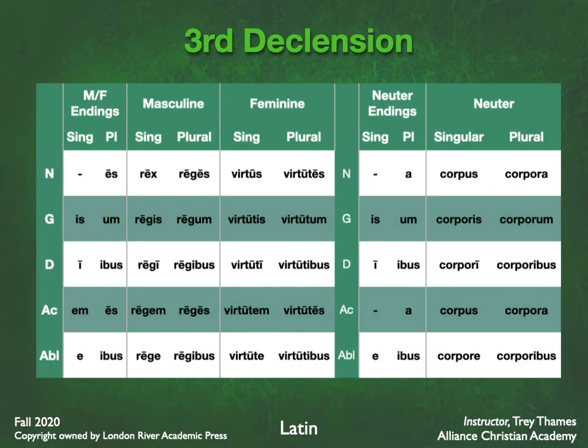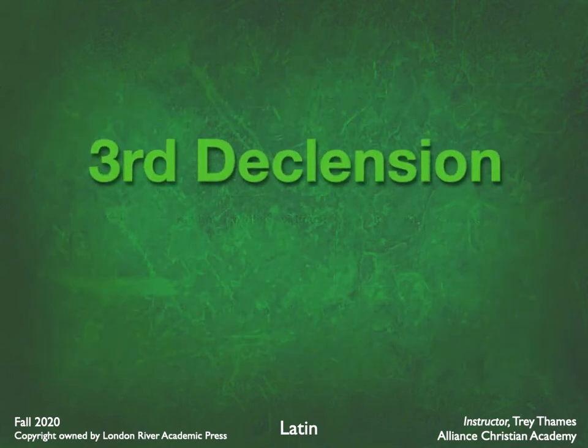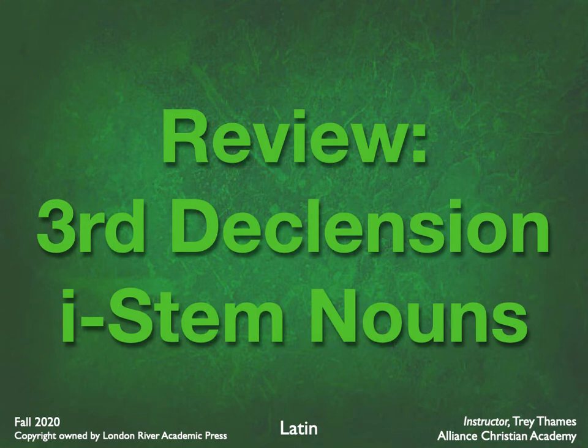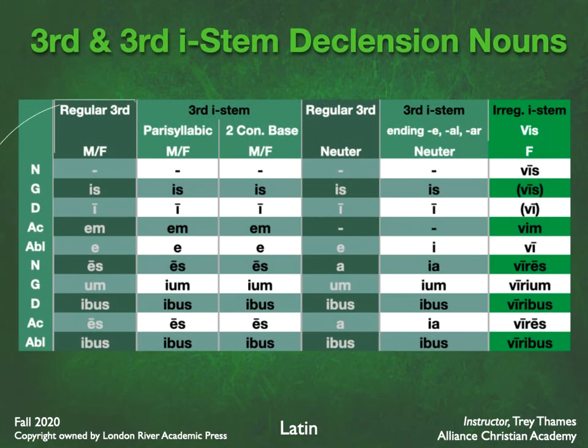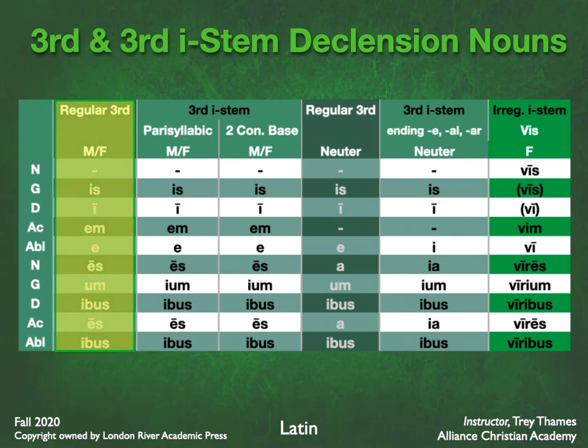All right. Let's see here. And this is, of course, the chart without the vocative because, again, generally we don't show the vocative. Now, there's a little bit different word or declension out there. It's third declension I stem. There's a few nouns out there that are I stem, and they are almost identical to regular third declension nouns.